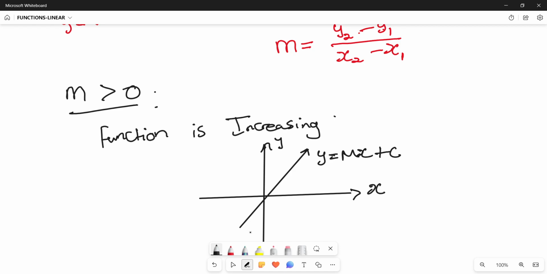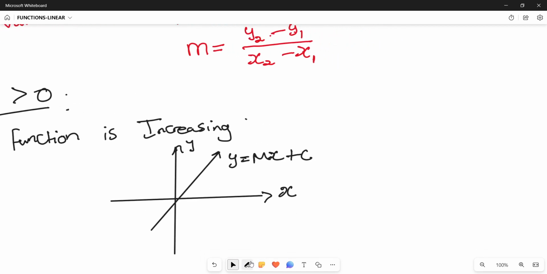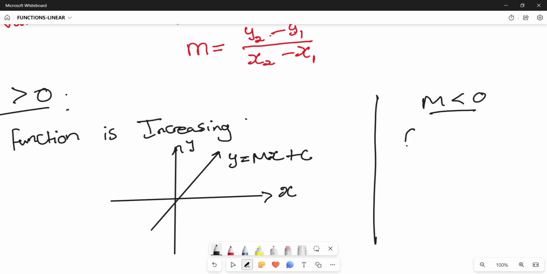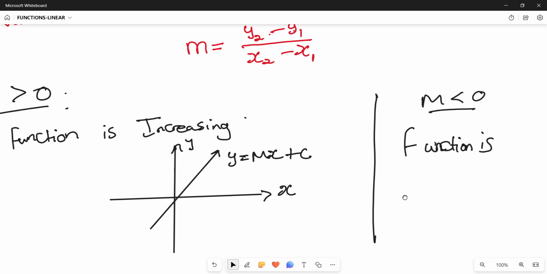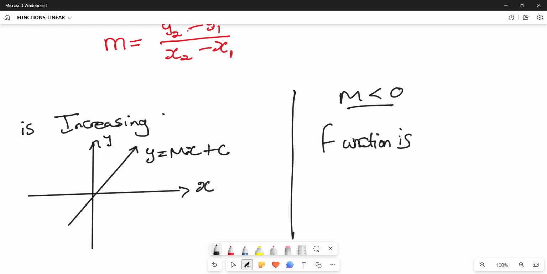But what if our gradient is negative? If our gradient is negative, then our function f is a decreasing function. If the gradient is negative, it is a decreasing function.